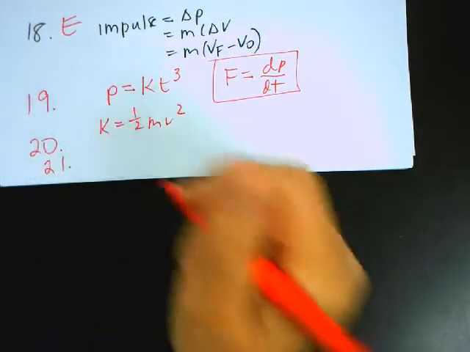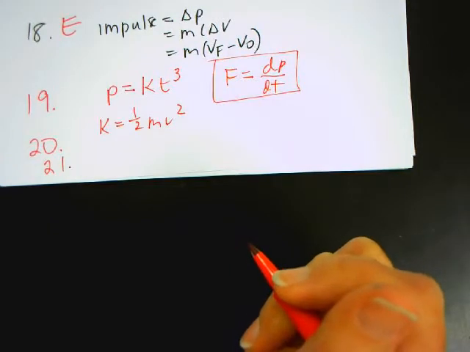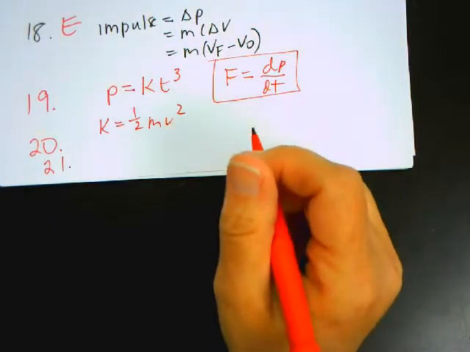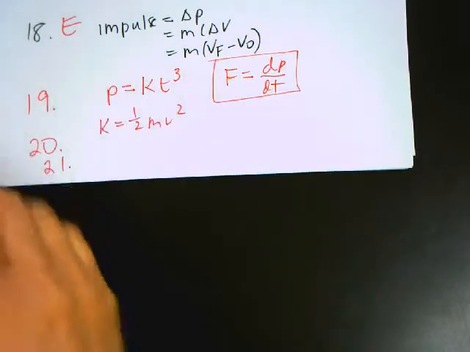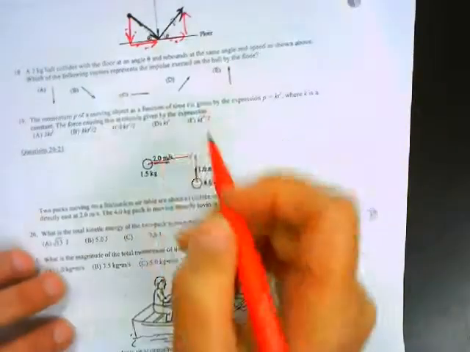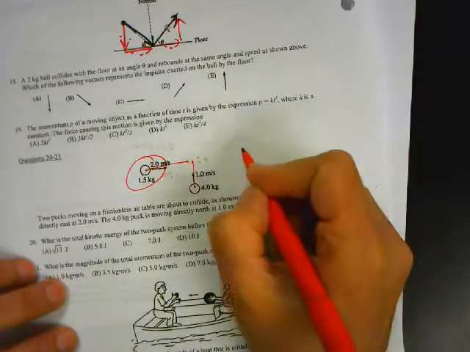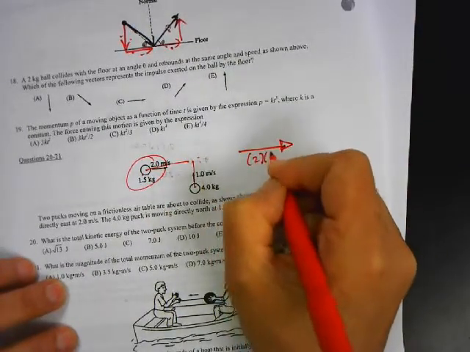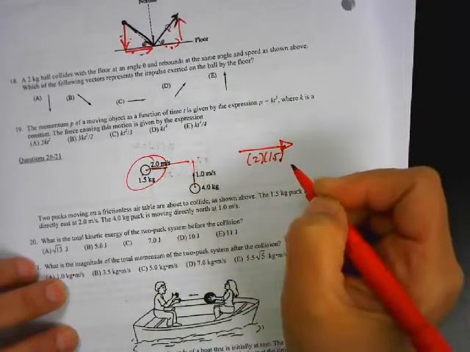Number 21, the total momentum. Again, they deliberately make this, momentum is mass times velocity. So this one here is going to go like this. 2 times 1.5 is 3.